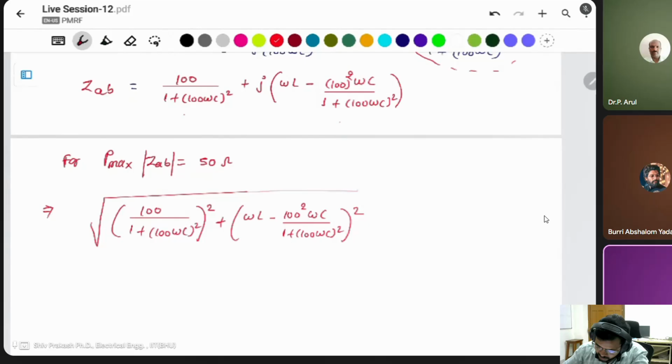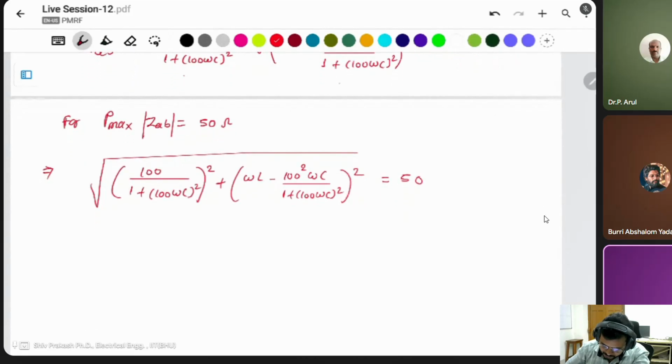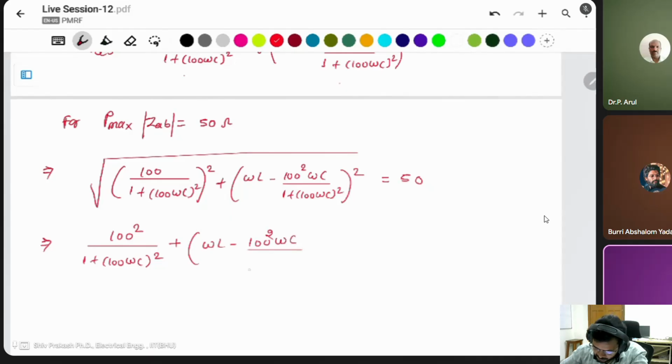Real part square plus imaginary part square will be equal to 50. You can square both sides, then this will be 100 square divided by (1 plus (100 omega c) square), plus (omega L minus 100 square omega c divided by (1 plus (100 omega c) square)), equal to the square of 50, which is 2500.